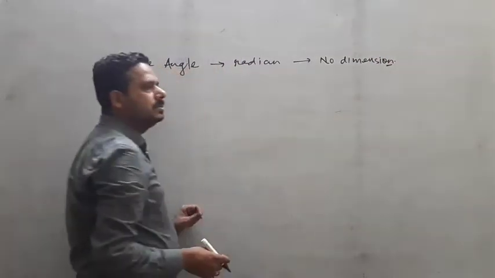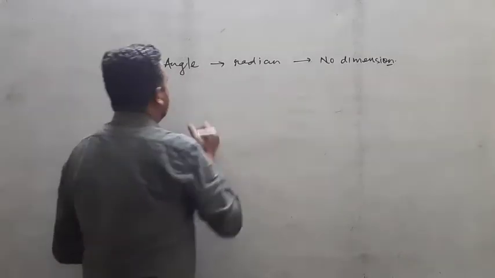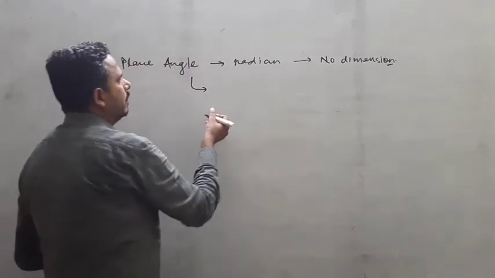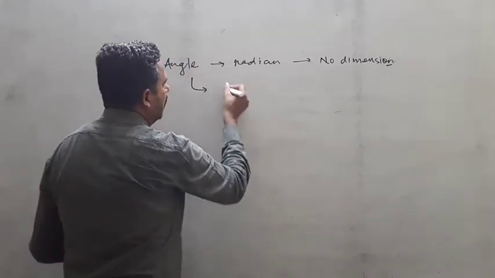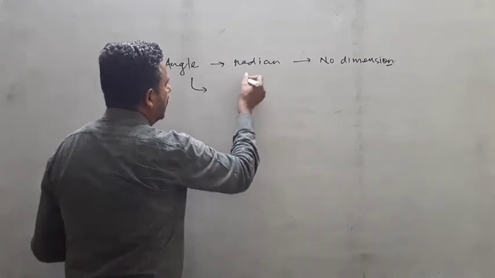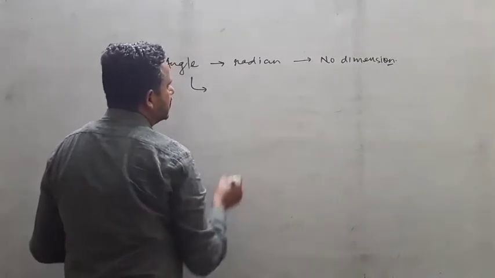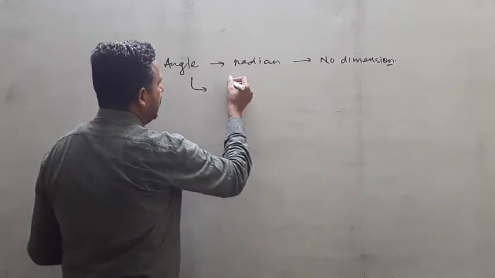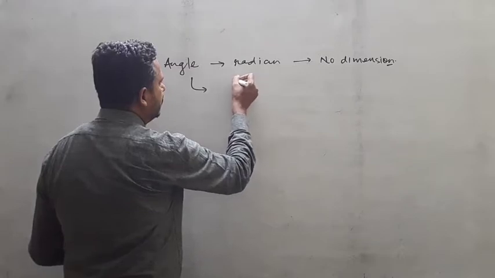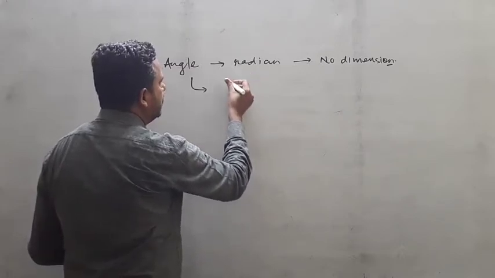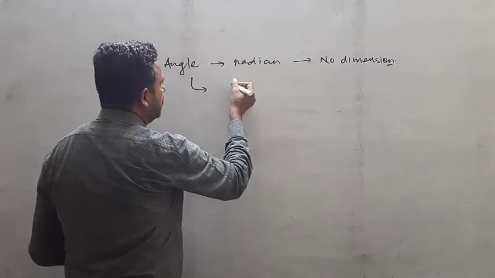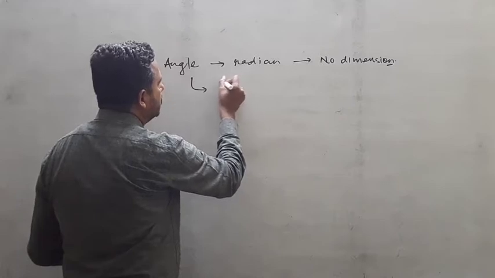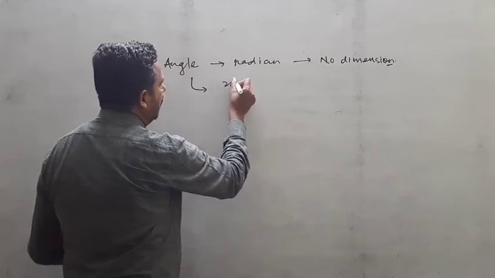Why does it have no dimension? Because we know that the plane angle is the ratio of the circumference to its radius of a circle. Suppose the circumference of a circle is 2 pi r.